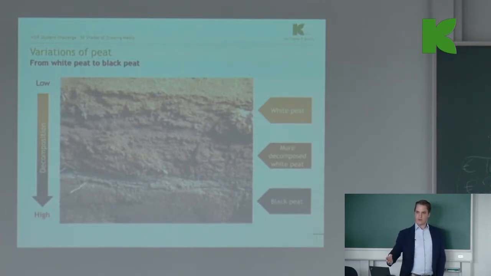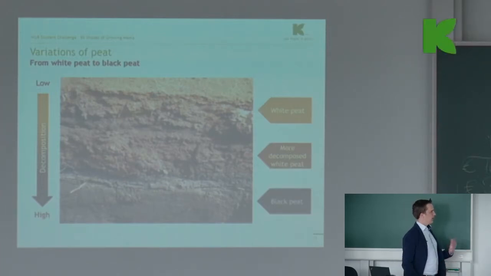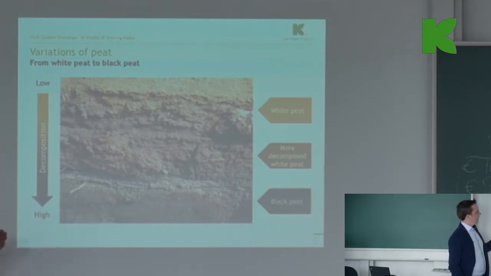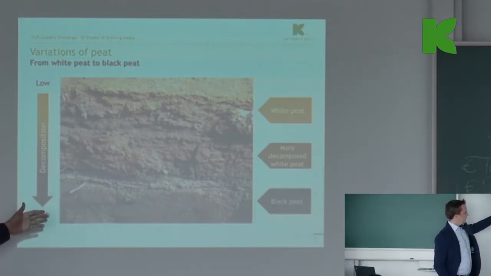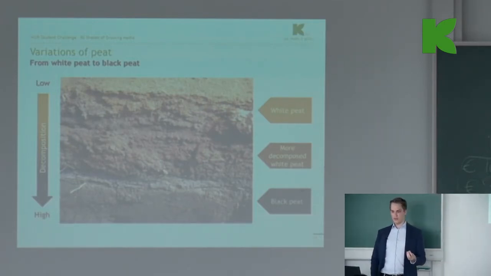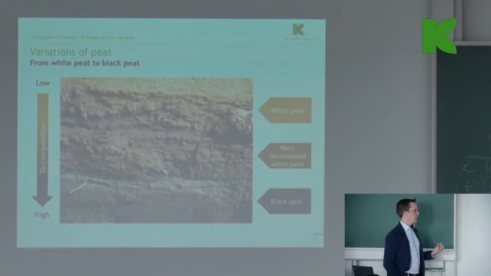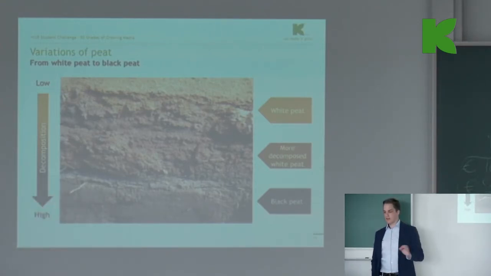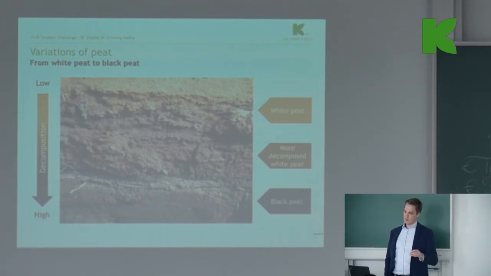This is a profile of a peat bog. I'm showing you this to make you aware of the fact that peat is not like peat. You can see that very nicely here in the image. In the lower layers of a peat bog, the peat is heavily decomposed. It's very dense and it's black. That's why we call it black peat. The upper layers are younger. They're not as decomposed as black peat, and we call it white peat.